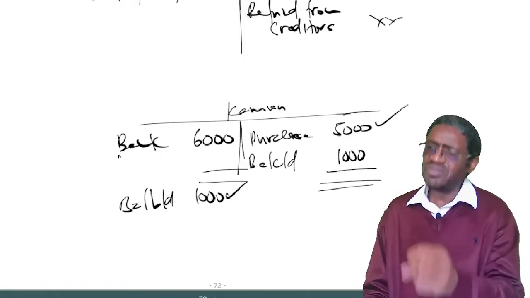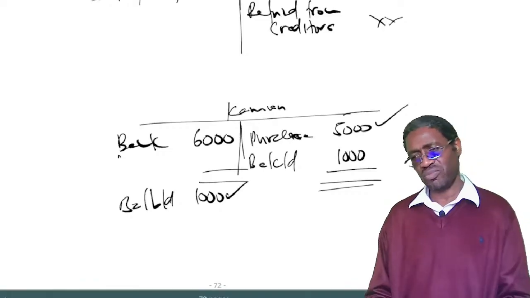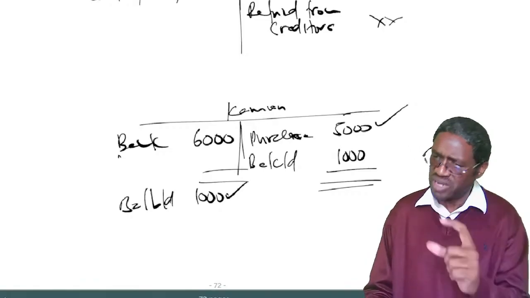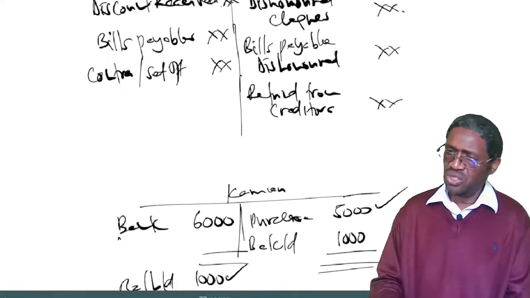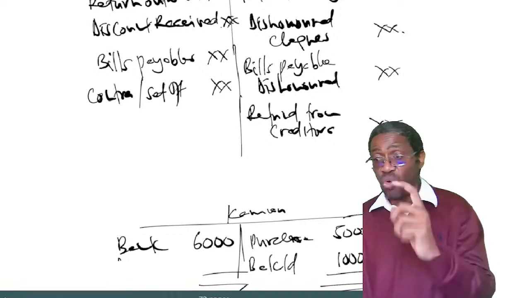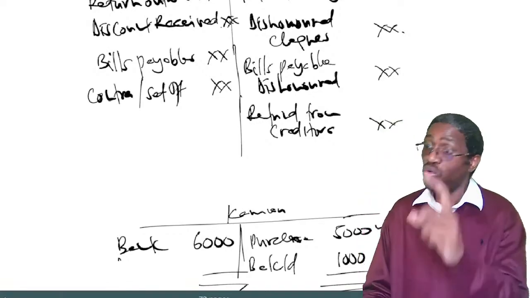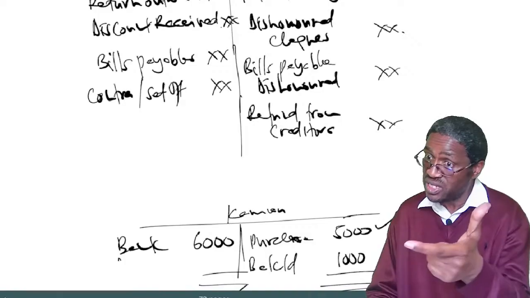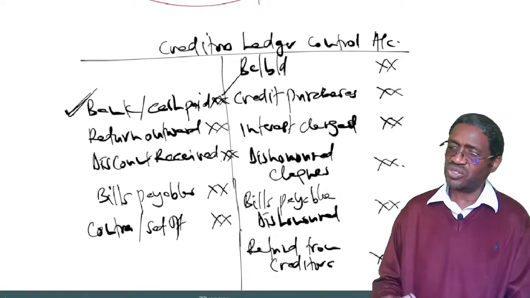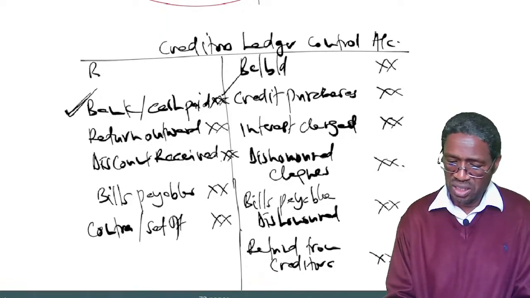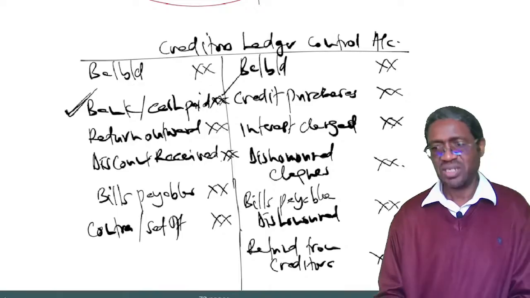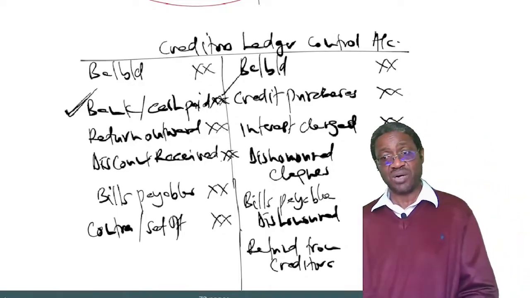So if by the beginning of the year you have suppliers who owe you because you overpaid them, that balance will be brought down by the beginning. In our scenario, it was 1,000.